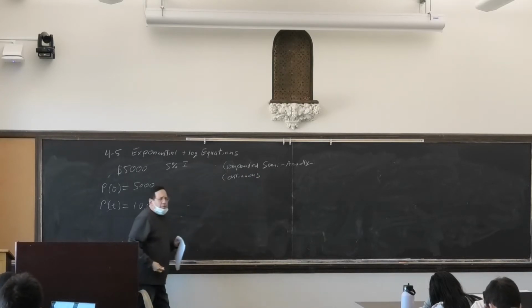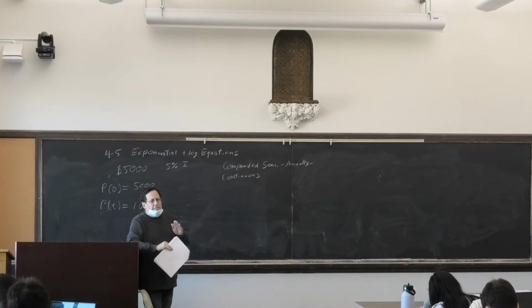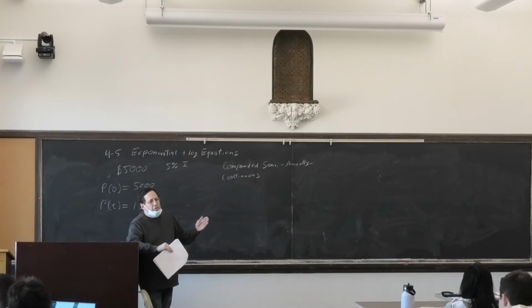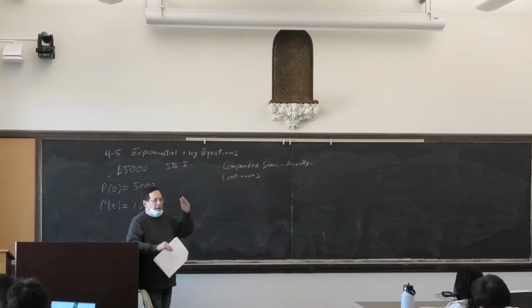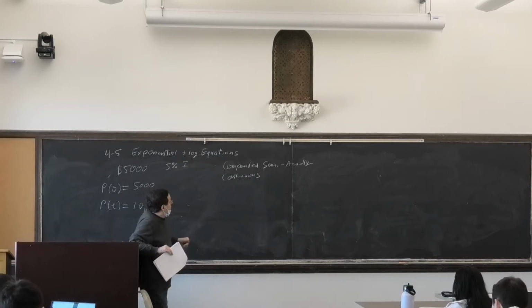So first, semi-annual, what does that mean? That means that the bank, after 6 months, gives you some interest, and then after 6 months after that, they give you interest on the money and the interest.